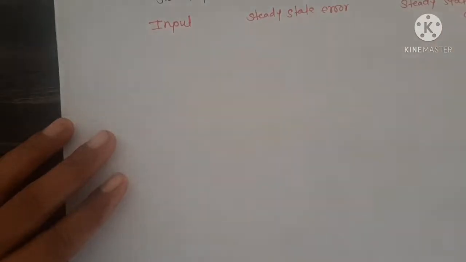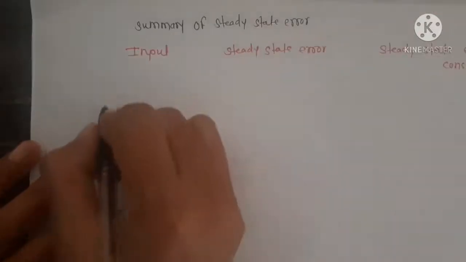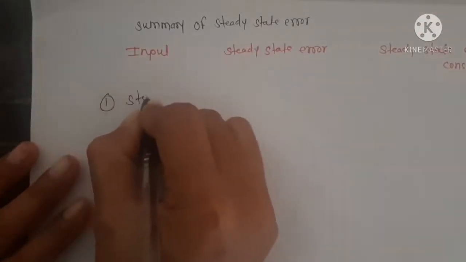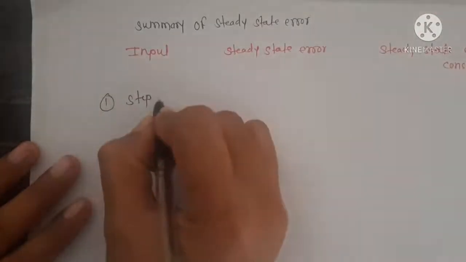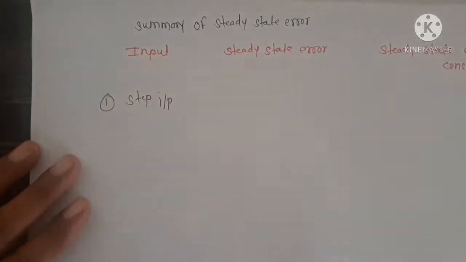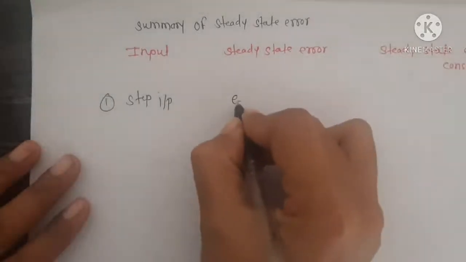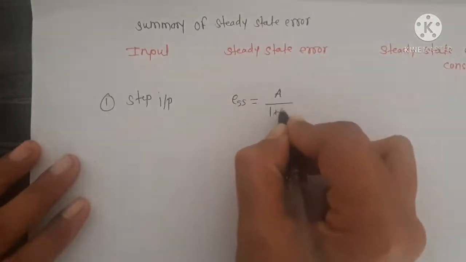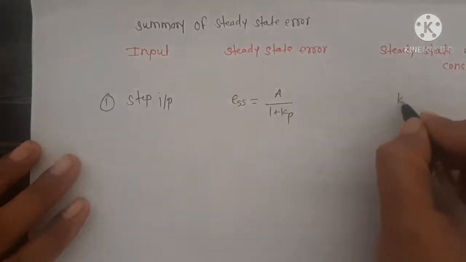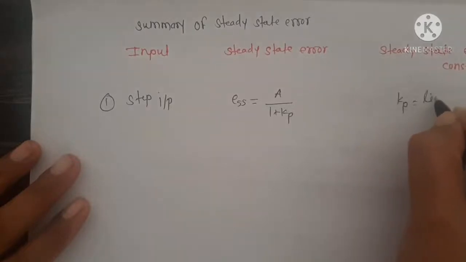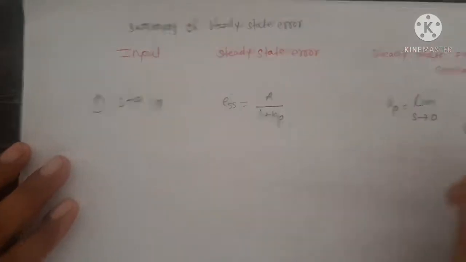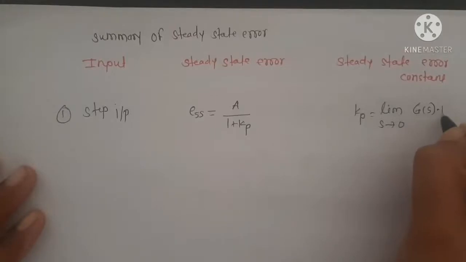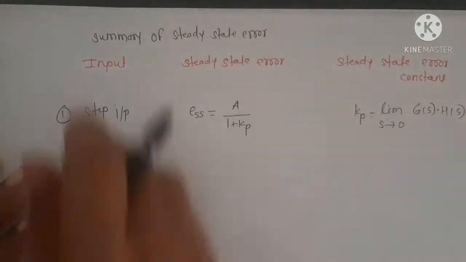So first input we have seen, that is step input. For step input, what is the equation for E of s? It is E of s is equal to A upon 1 plus Kp, and this Kp is nothing but the limit s tends to 0, g of s into h of s.